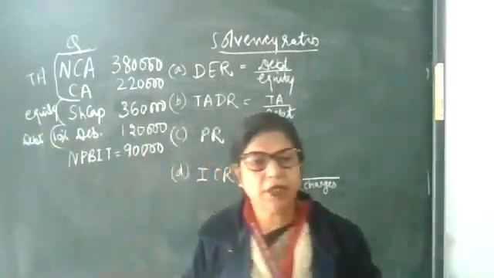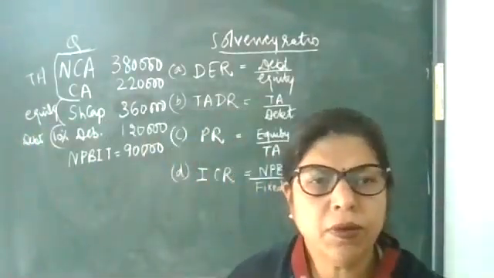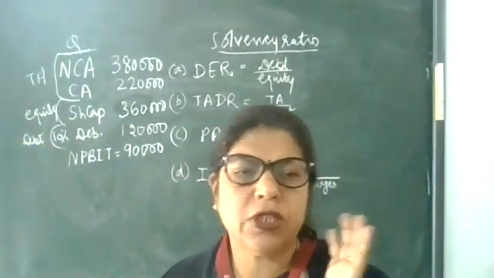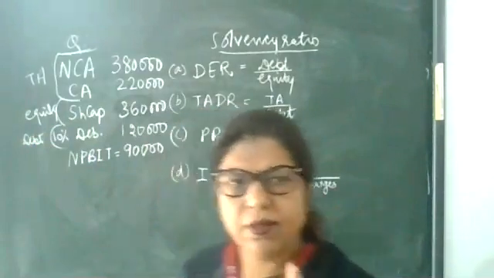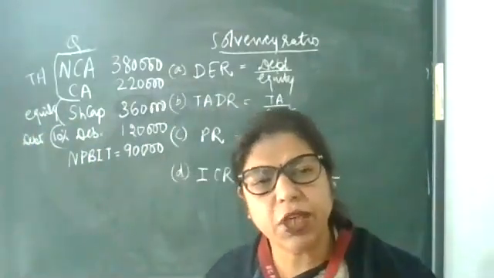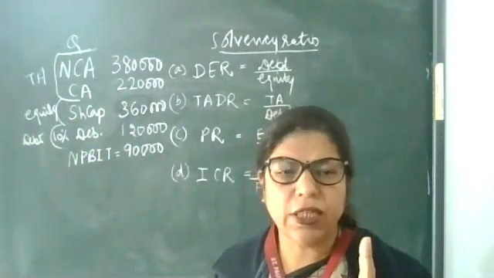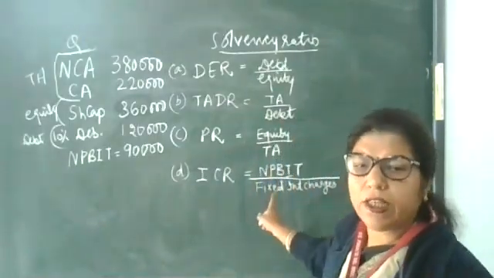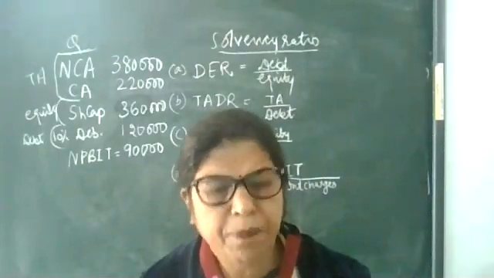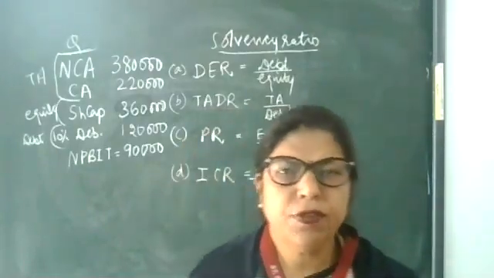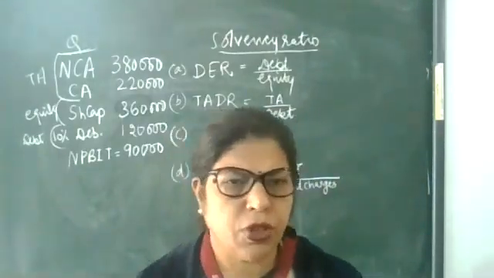This is NPBIT. Now, before starting the question, you should calculate two things. What are the two things we have to calculate? First is total asset and second is fixed interest charges. Then it will be easy for us to move on.